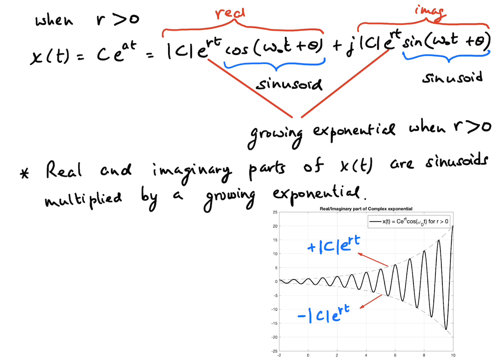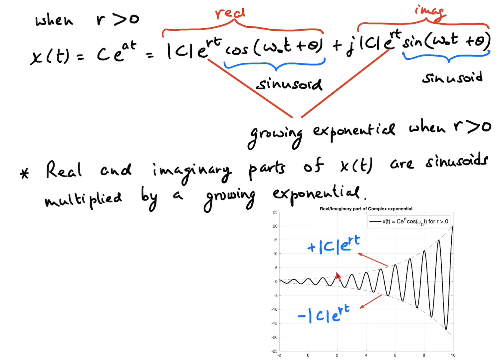The magnitude of c is a fixed number, but e power rt is going to keep on increasing as t increases, as we see in this dotted line, and similarly here it's increasing in the negative direction. So that's minus c e power rt.